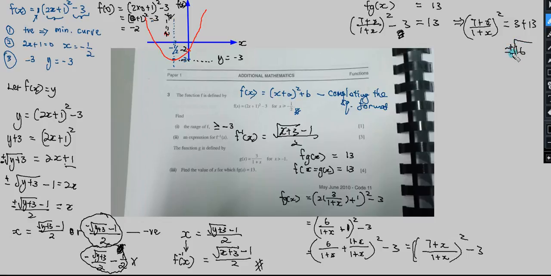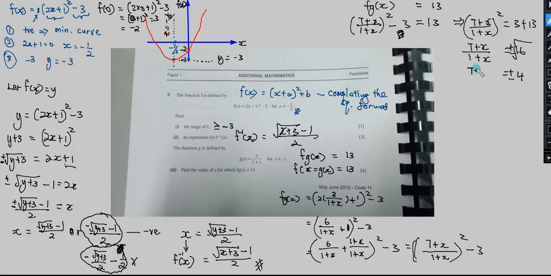Okay, so if you want to remove this square, I square root this side. But remember, I get a plus minus, so it's (7 plus x) over (1 plus x). Now, let's continue further. Square root of 16, plus minus, is equal to plus minus 4.